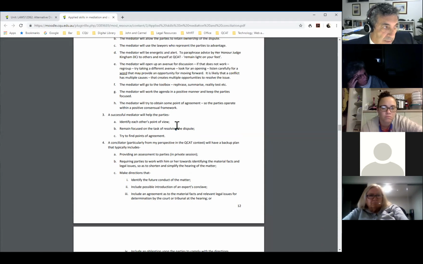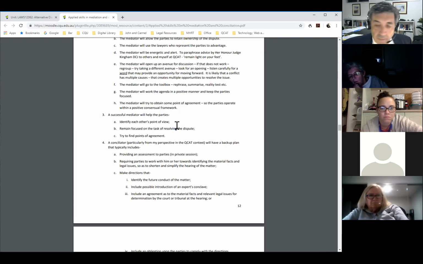So I'll be looking for people that can undertake these techniques successfully. The mediator will work the agenda in a positive manner, keep the parties focused, and try to obtain some general points of agreement so that the parties operate within a positive consensual framework.